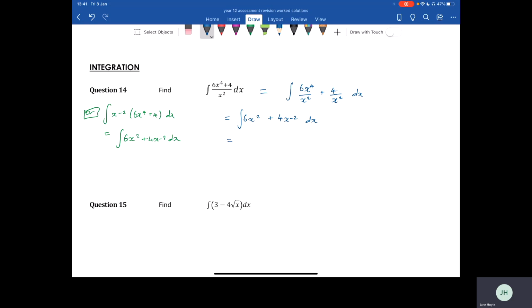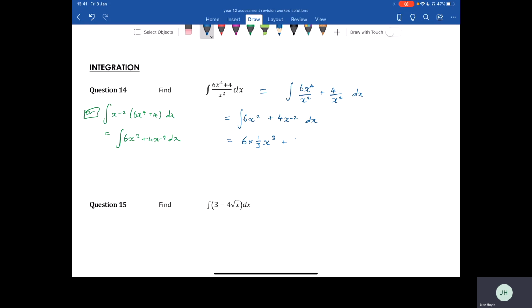When I integrate, I increase the power and divide by the new power. So I'll just write that 6 at the start. I know I'm going to have an x cubed. I'm increasing that power by 1, dividing by that new power. I think probably what most of you are doing is using fractions, with a divided by 3 underneath. It's a little bit neater, and it makes it easy to simplify afterwards.